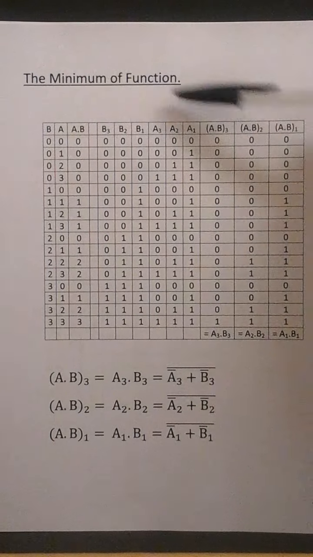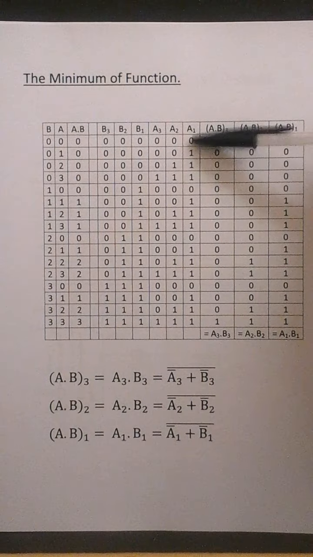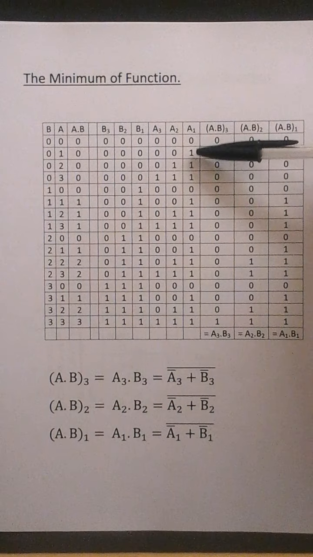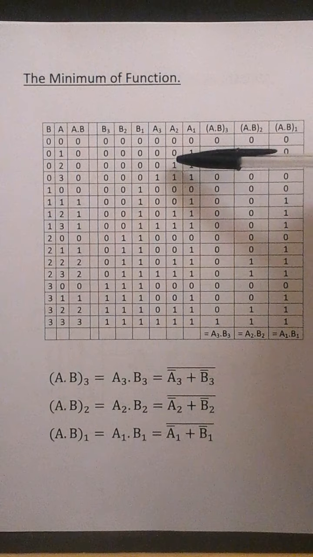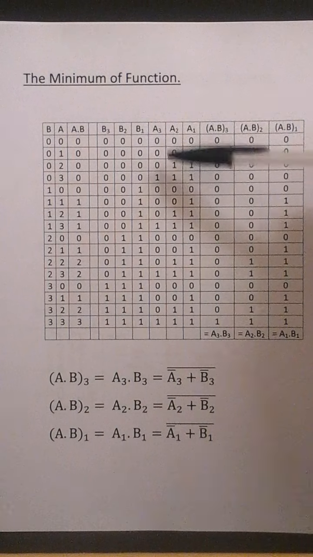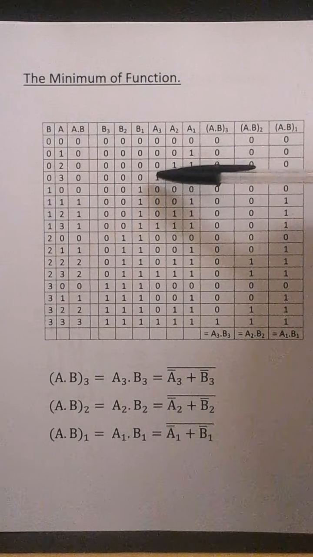This is the coding for A and B, as before in the unary operators. A1 is a 1 when A is greater or equal to 1. A2 is a 1 when A is greater or equal to 2. A3 is a 1 when A is greater or equal to 3.